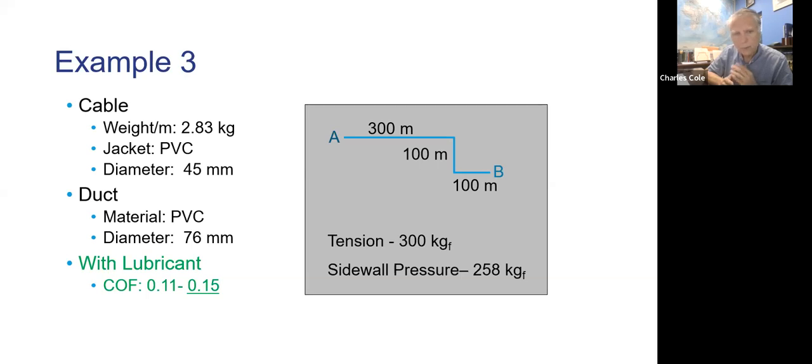So we've gone from over 5,000 kilograms force in tension to 300, which is actually lower than what we pulled in the straight section at 500 meters without lubricant. And the sidewall pressure is also reduced.